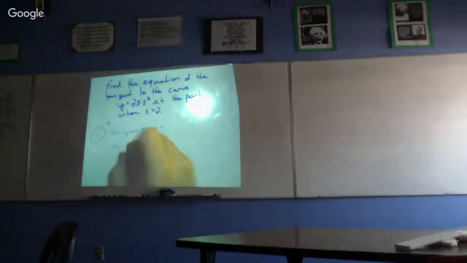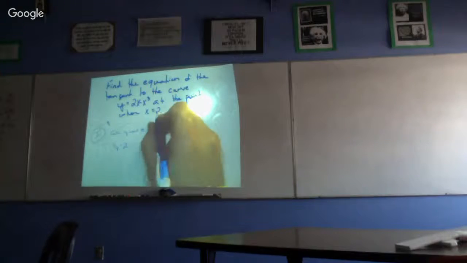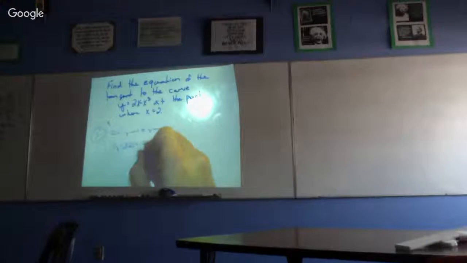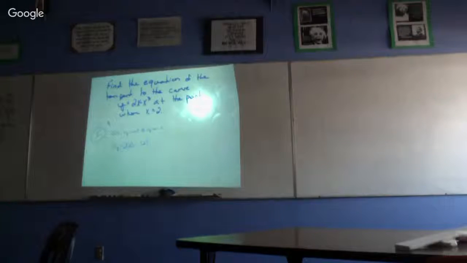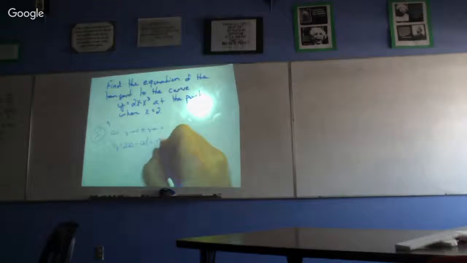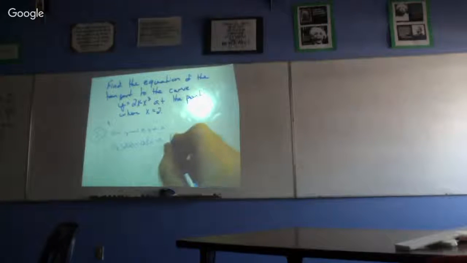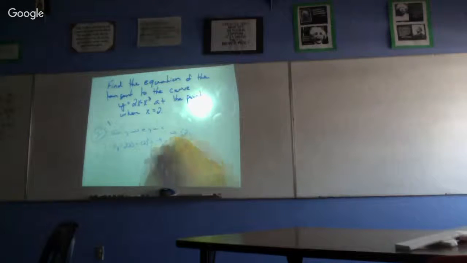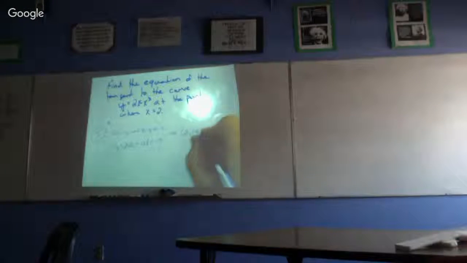Well, y is equal to 2 times our x, which is 2, minus 2 cubed. We get -4. So now what this tells us is that when I have an x of 2, my y is -4.